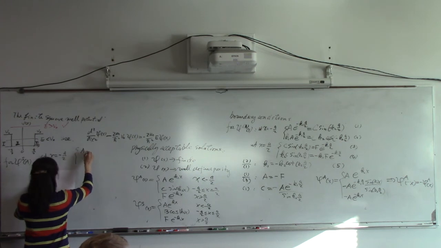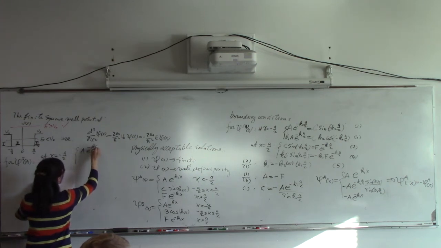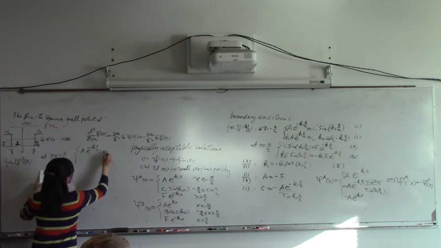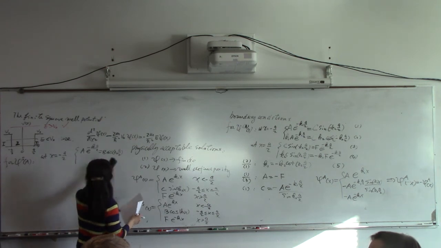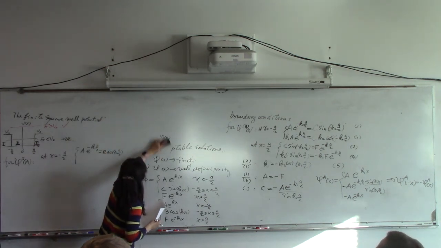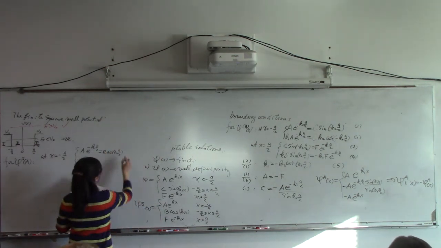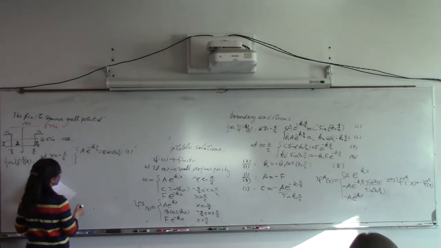This is A exponential minus k1 half a equal to B cosine k2 half a, since cosine minus half and plus half are the same, right? Then same as 1 prime.